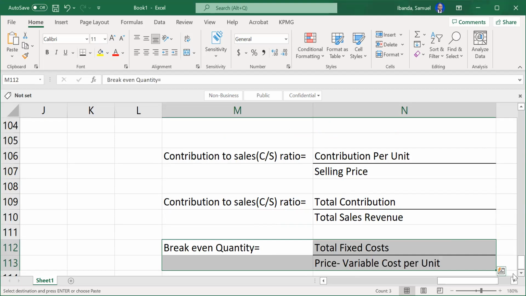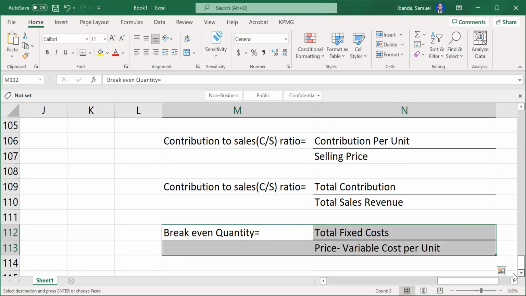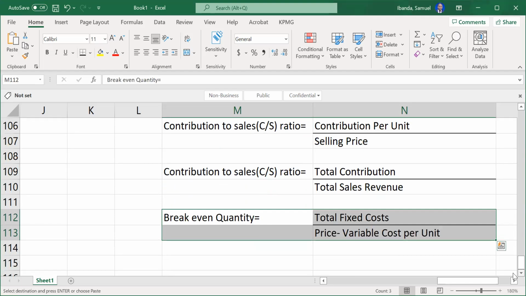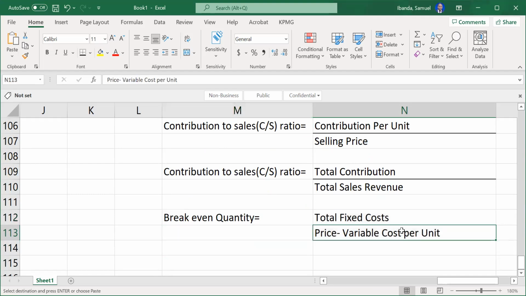If you want to show it in terms of the contribution to sales ratio, remember, we have the contribution per unit there, which is the price minus variable cost per unit, but we don't have our selling price here.